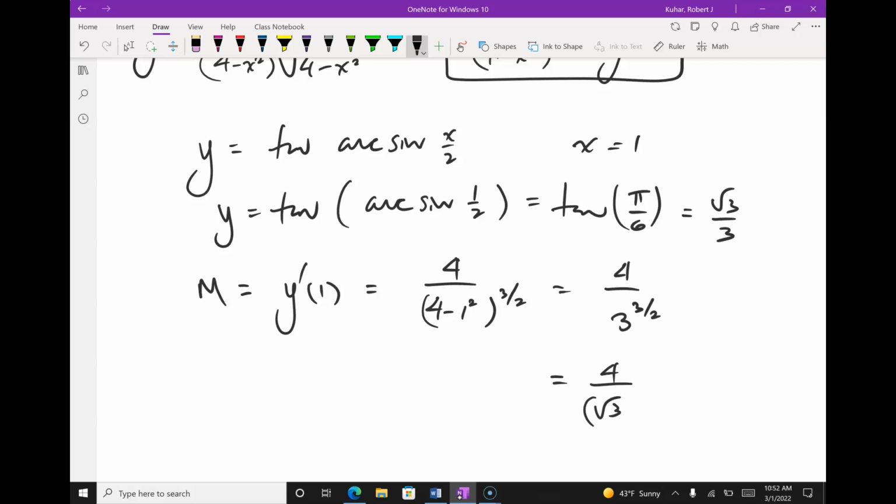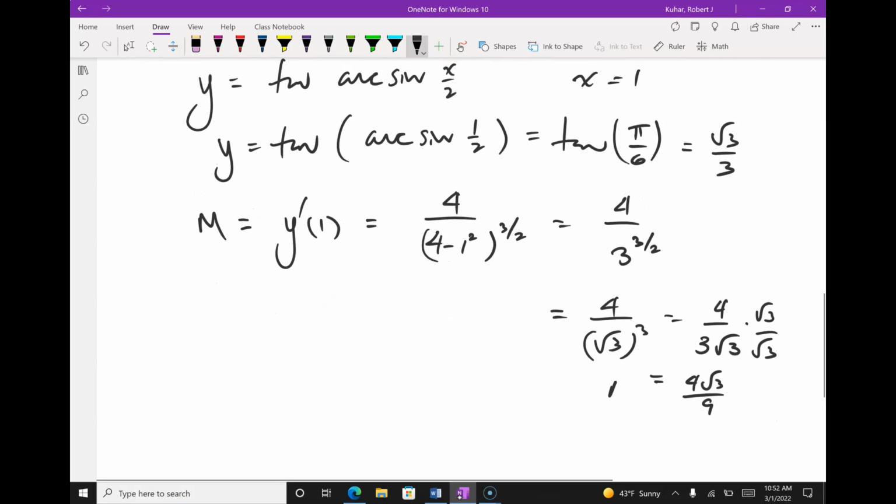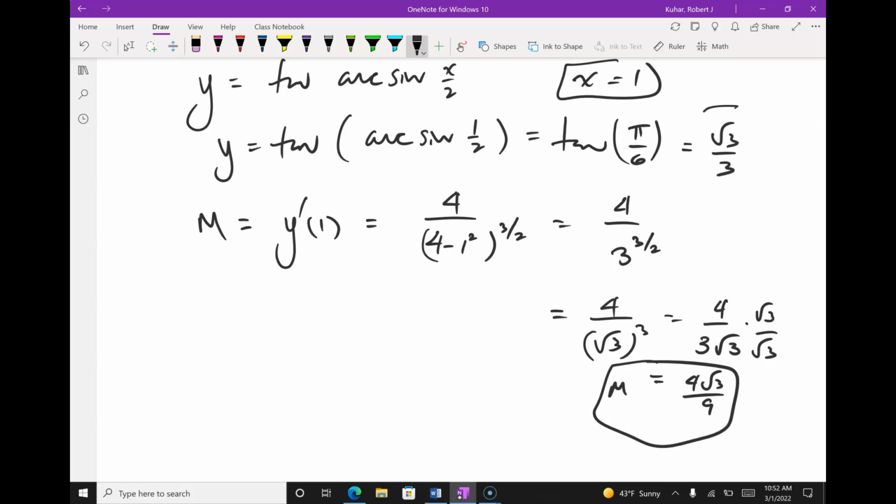Square root of 3 cubed, right? What is that? Oh, it's 3 rad 3. And if I rationalize it, I get 4 rad 3 over 9. Everybody with me?